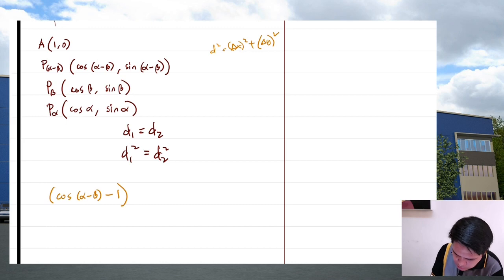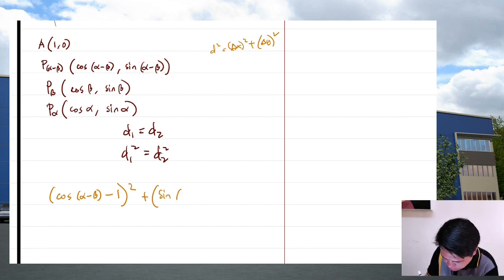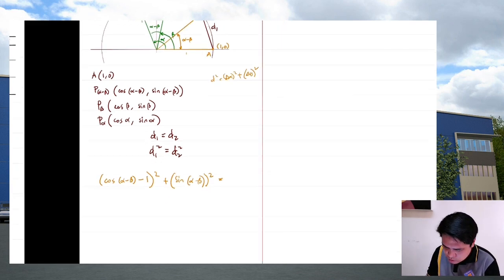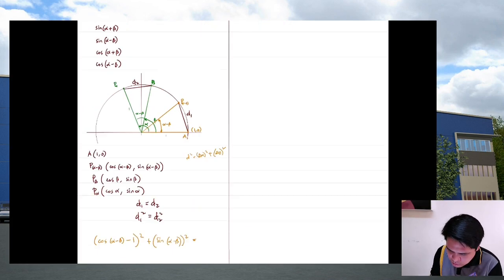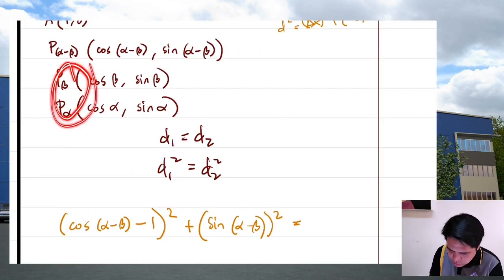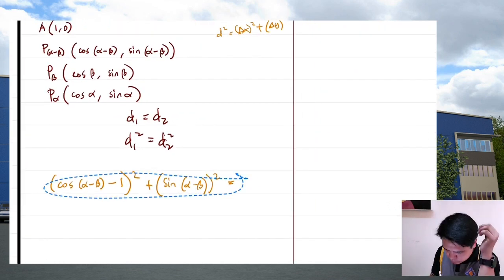That means this minus this squared plus sa y naman this minus this, sine alpha minus beta squared. That's equal to the distance between these two points. So we do that.